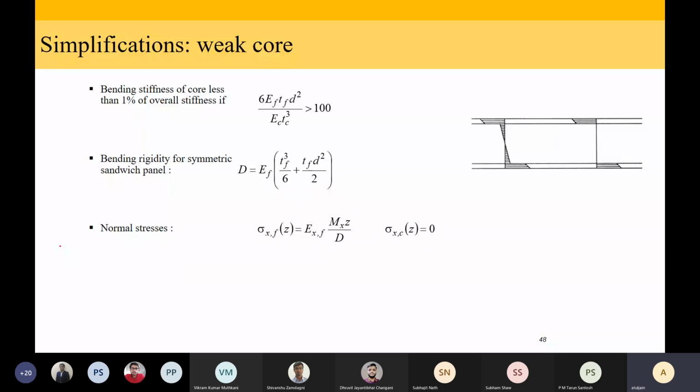Towards the end of this lecture, you will understand why we are doing this. So let us say I have a sandwich material where the core is weak.